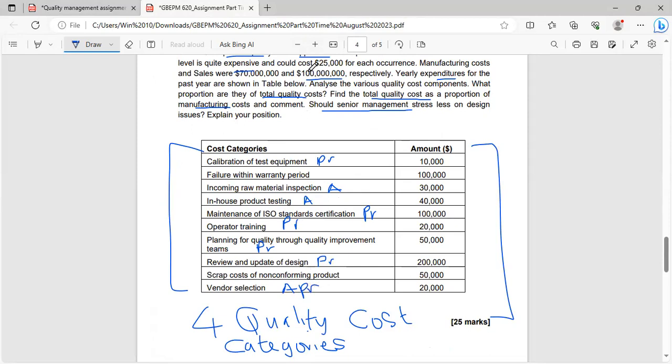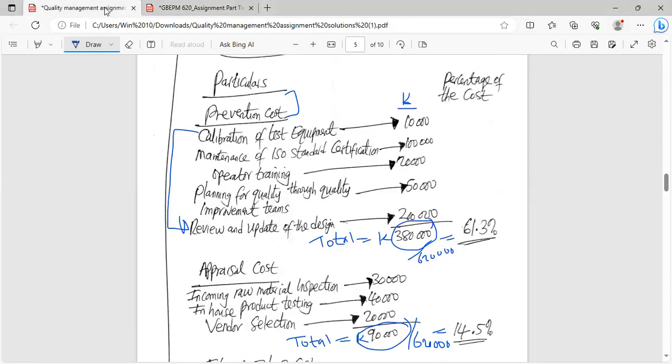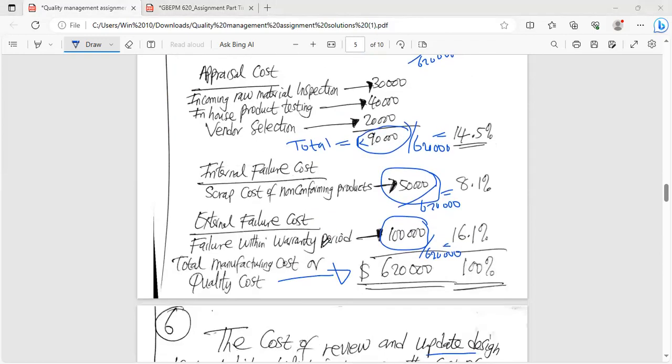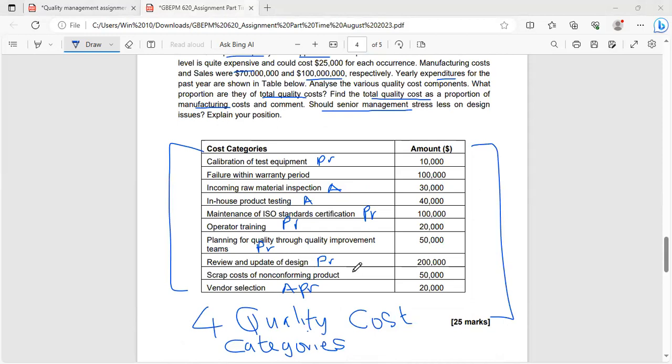Then the other ones, concerning the other costs, is the internal failure, the scrap of non-conforming products. The scrap of non-conforming products is internal failure.